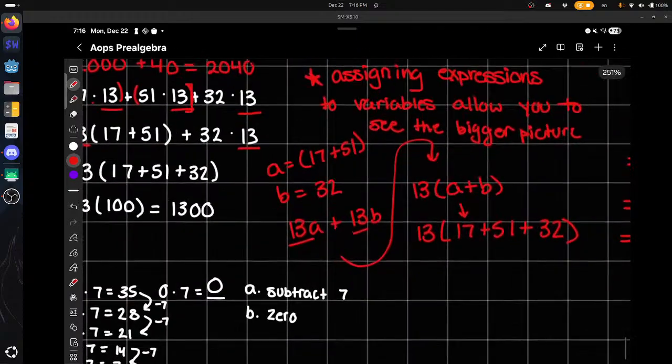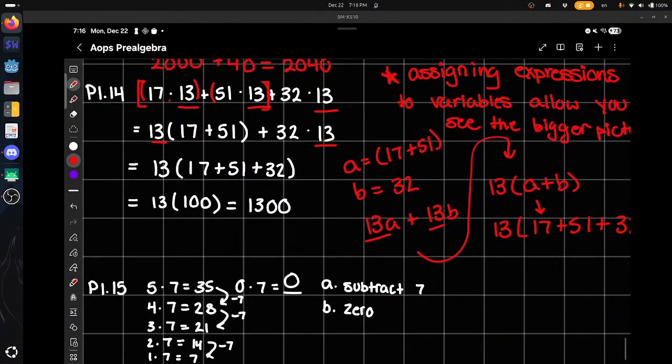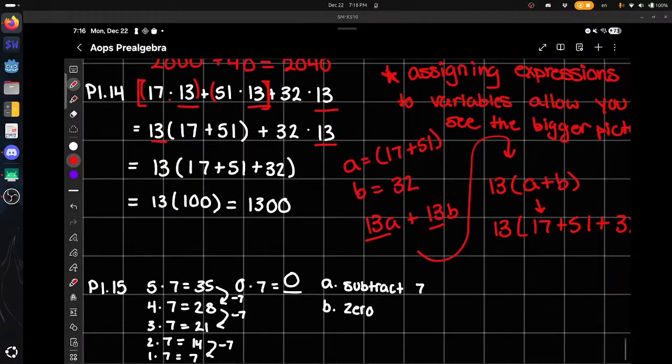Okay, let's move on to the last problem, and then we have to do the exercises. Okay, so what happens when we multiply a number by 0? Probably already know what happens, but let's see if it makes sense in the next problem. Yeah, so A we answered correctly. You just subtract 7.